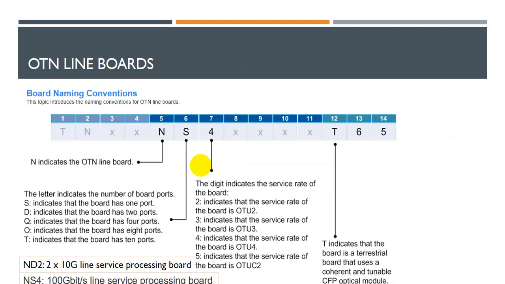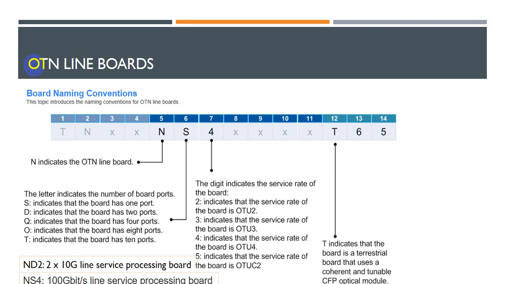So, another type of traffic board. Earlier we went through the transponder units; now it is a line board. The difference between line boards and transponder units is that in a transponder unit, the traffic input, which is the client signals or different technology signals, and the output, which is the OTN signal, are on the same board.